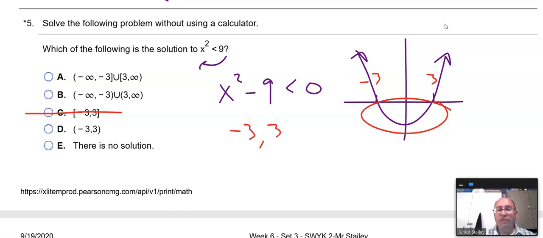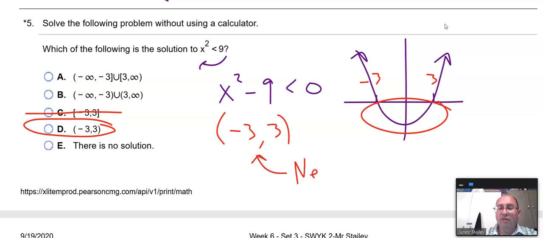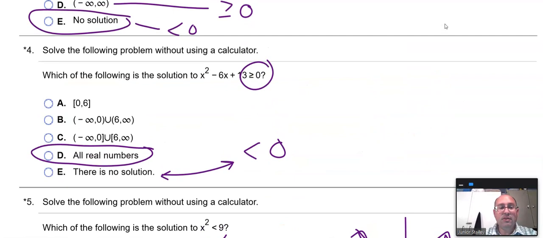I want everything from -3 to 3, but not including the endpoints because that's where it's actually equal to 0. I have to be less than 0. Now, what we're finding, these solutions to this situation are defining negative intervals or positive intervals. This is a negative interval, okay?